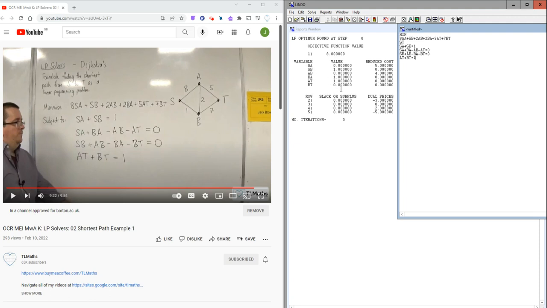Although I haven't specifically told Lindo that they take on ones and zeros, that is how it has optimized the solution. So SB is 1, BA is 1, and AT is 1. They are getting picked, whereas SA, AB, and BT are not getting picked. That is how you interpret that.